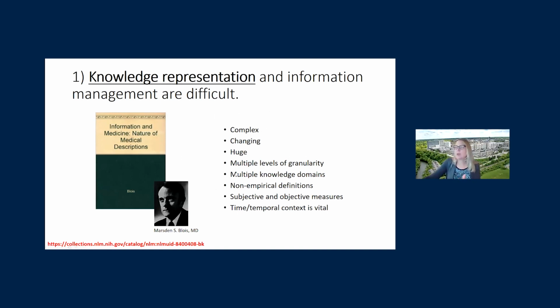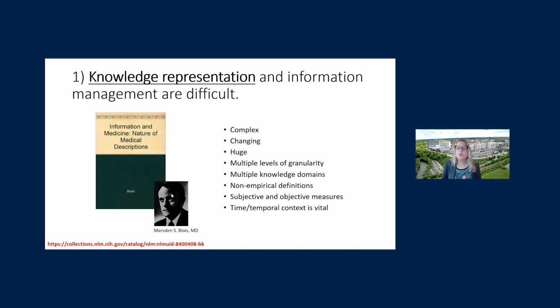This is Scott Blois, who was one of the fathers of informatics. This is a wonderful book that you could check out from the National Library of Medicine electronically. He has given a really philosophical take, a really thoughtful analysis of medical knowledge and medical concepts and how challenging they are. As a body of knowledge, it's very complex, it's changing, it's voluminous.